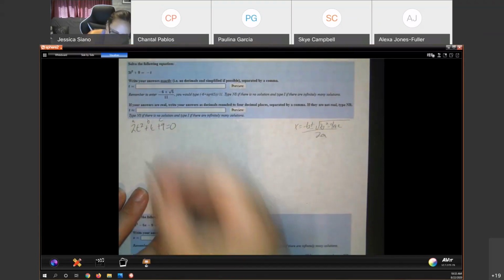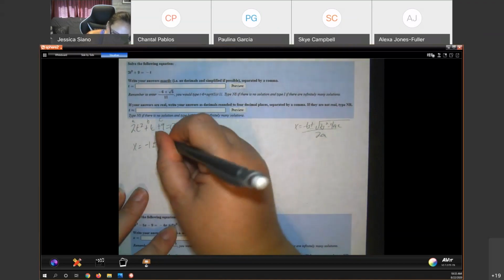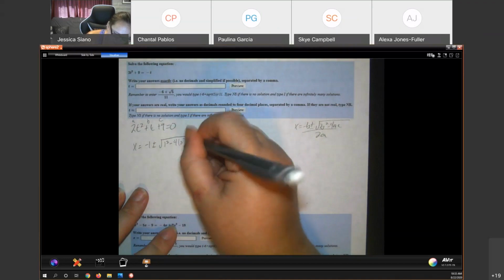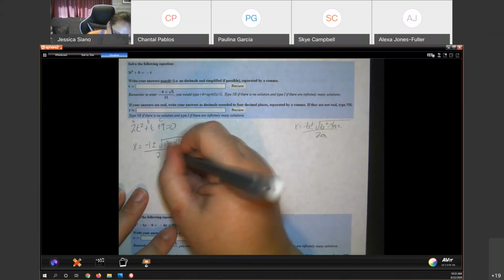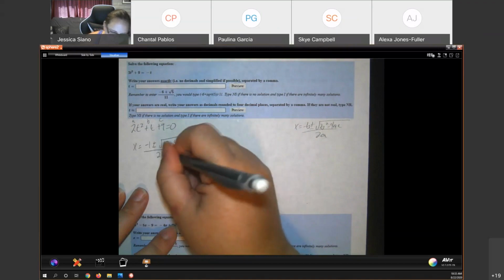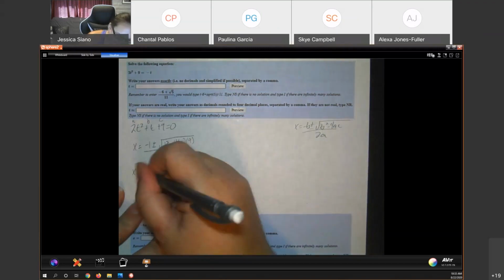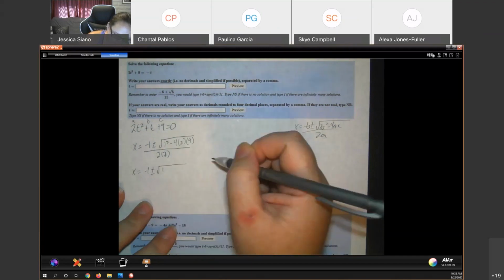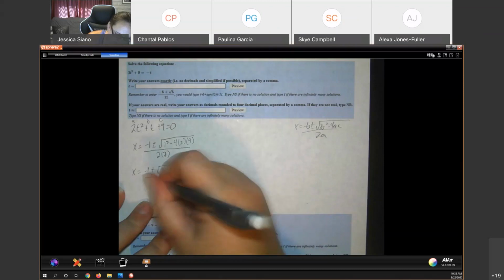and x equals -1 plus or minus the square root of 1 squared minus 4 times 2 times 9 over 2 times 2. So x equals -1 plus or minus the square root of 1 minus 72 over 4.